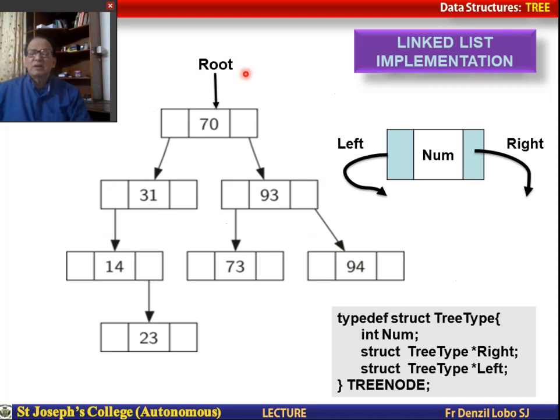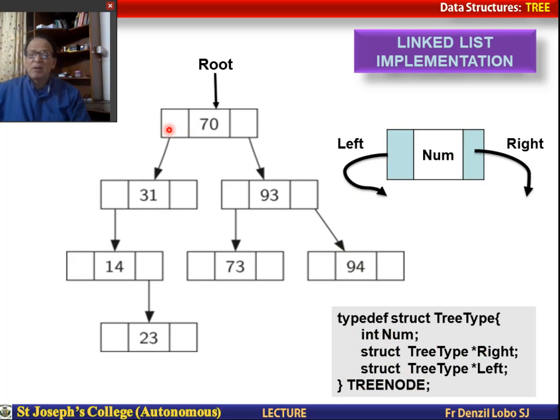As you see here, this is the root node, and we have got the left subtree and the right subtree. How do I represent each node? I use a structured data type. I create a new data type called tree node, which contains a number, a pointer to left and a pointer to right.